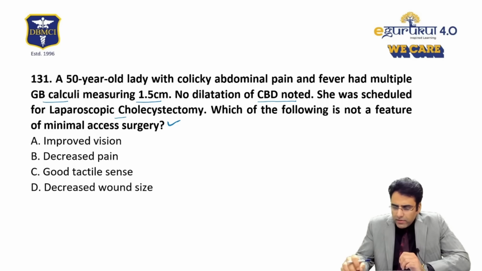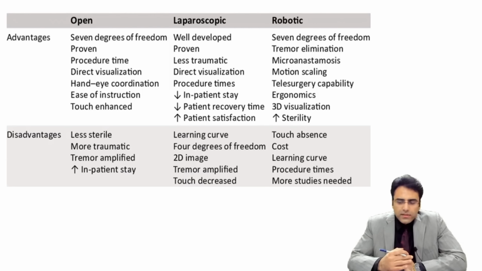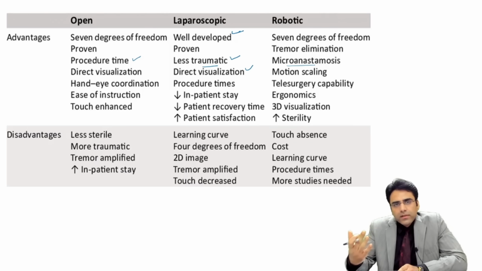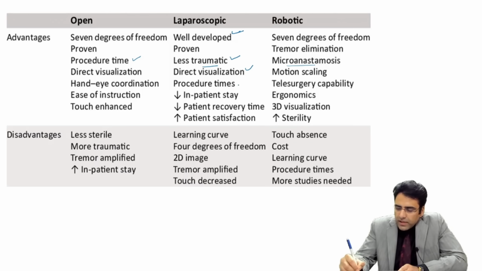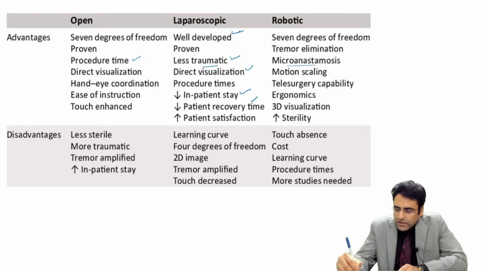Now let us try to have a look at the various advantages and disadvantages of minimal access surgery. If you talk about laparoscopic surgeries, the 7 degrees of freedom, they are well developed and proven. Laparoscopic surgeries are less traumatic. There is direct visualization on the camera on the screen. There is decreased inpatient stay, decreased patient recovery time, and increased patient satisfaction.